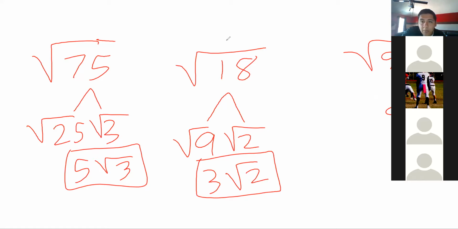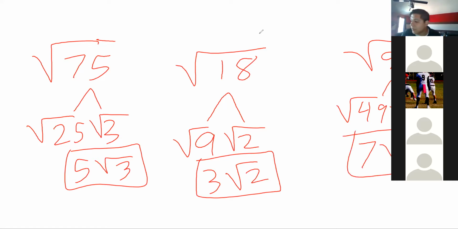You would get 49, exactly. So if you divide 98 by 2, then we get 49. So what's the square root of 49? 7. So 7 square root of 2 would be our simplified version. Does that make a little bit more sense?